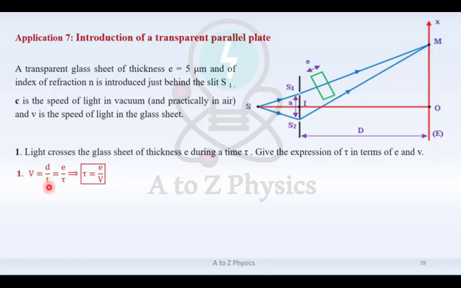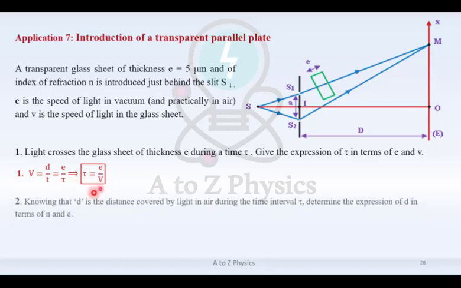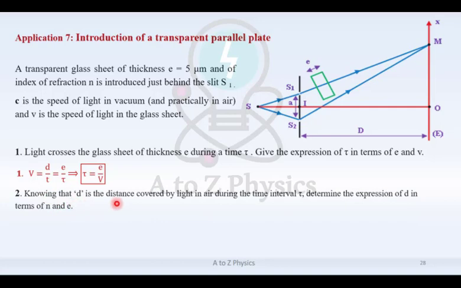v equals distance over time. The distance here is e, so v equals e over time, which is tau, so tau equals e over v. Knowing that d is the distance covered by the light in air during the time interval tau, determine the expression of d in terms of n and e.